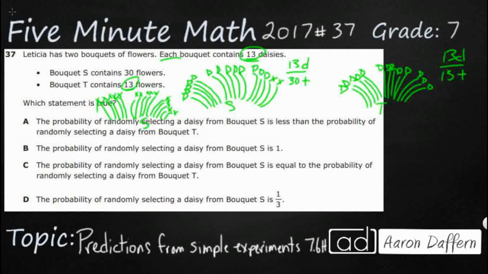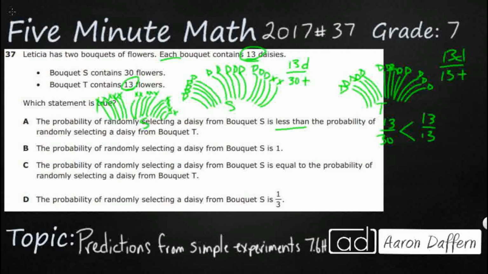The probability of randomly selecting a daisy from bouquet S is less than the probability of randomly selecting a daisy from bouquet T. Well, we can put that out here. So this is 13 out of 30. That's my bouquet S, is less than the probability of getting a daisy from bouquet T, which is 13 out of 13.